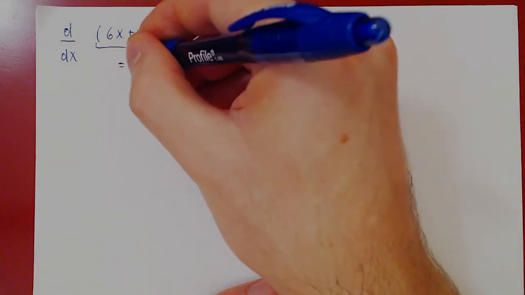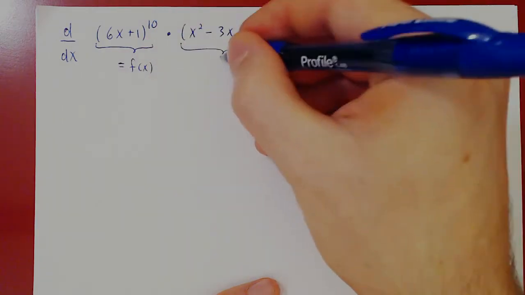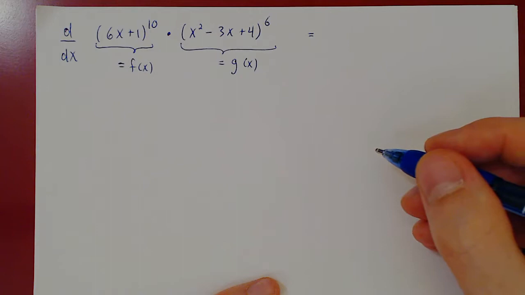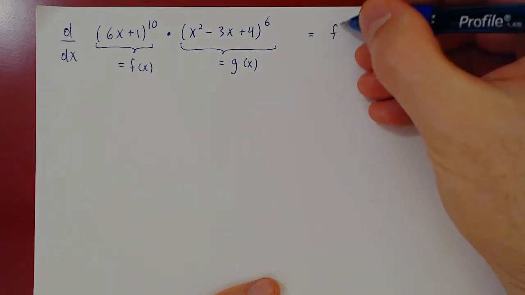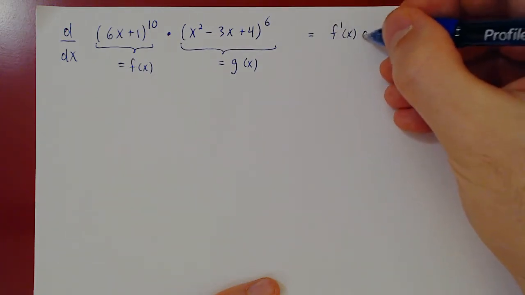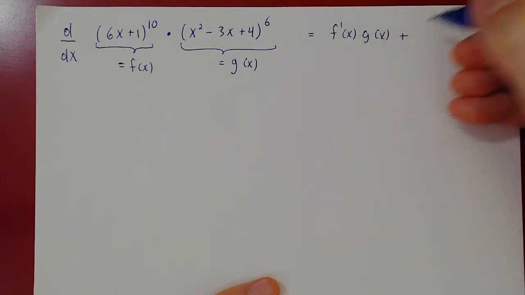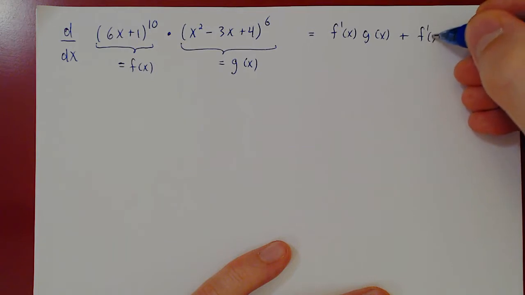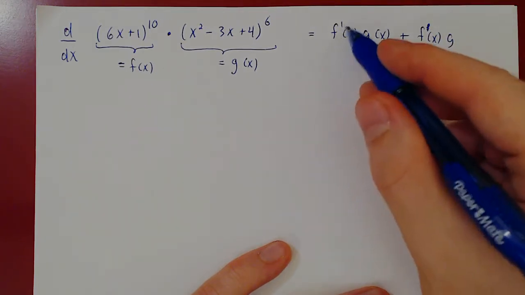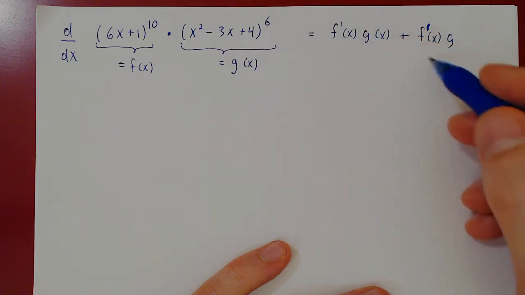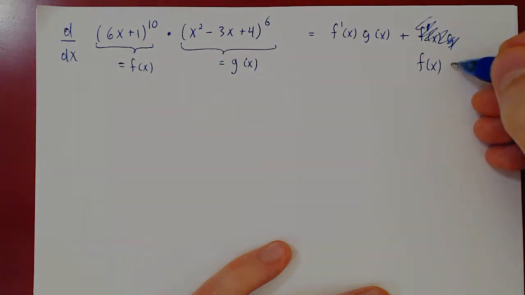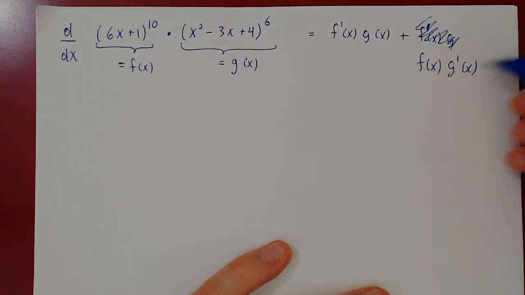If you call this f of x, and you call this g of x, the product rule says that this will be the derivative of the first function times the second function, plus the first function times the derivative of the second.